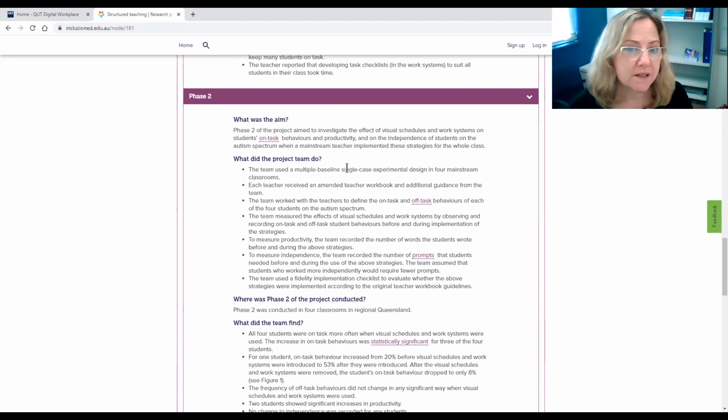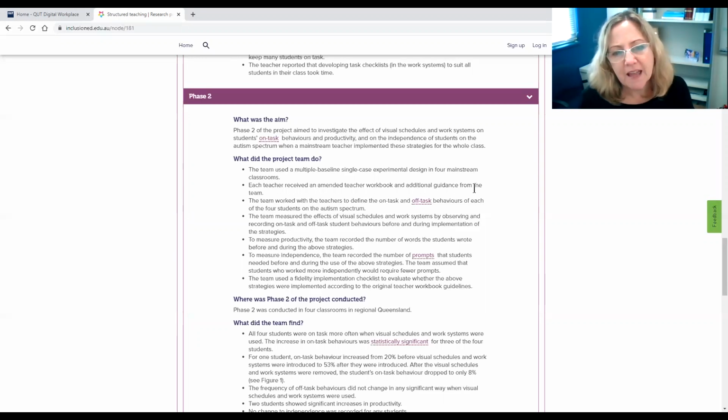So again, small numbers in these single case experimental designs case studies, but what's important to understand is that multiple baseline single case designs take at least 5 baseline. So that's before you try anything. So how is this student performing on task for 5 of those 5 opportunities prior to the implementation of the strategies that the teacher's using or the practices.